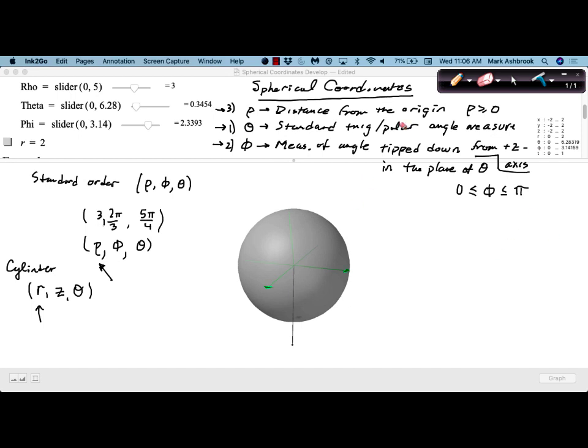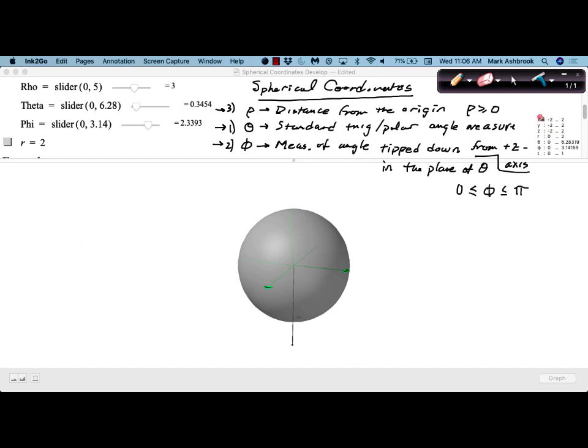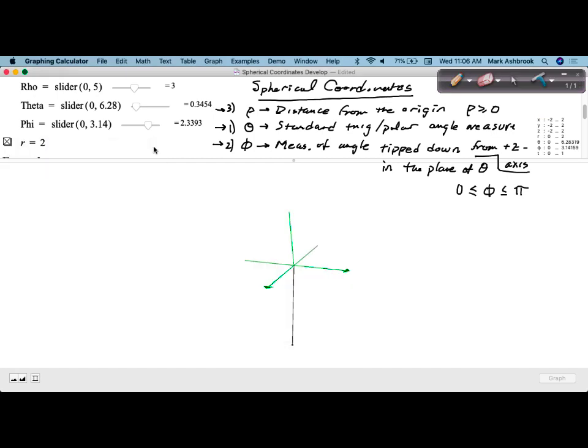I'm going to leave up what our spherical coordinates mean. And we'll zoom in.